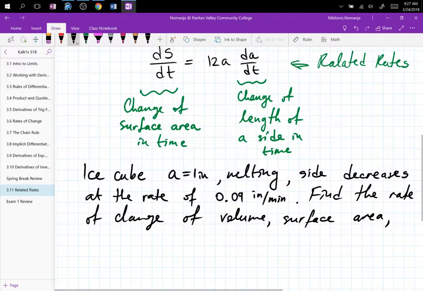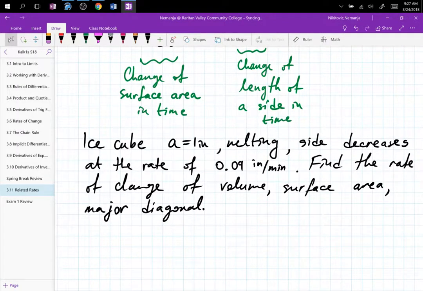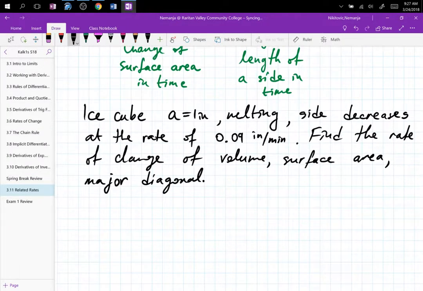And let's do major diagonal, the capital D. Find the rate of change of volume, rate of change of surface area, rate of change of major diagonal. Well, let's start with surface area because we already know. So for surface area, we already know that dS/dt is equal to 12a dA/dt.